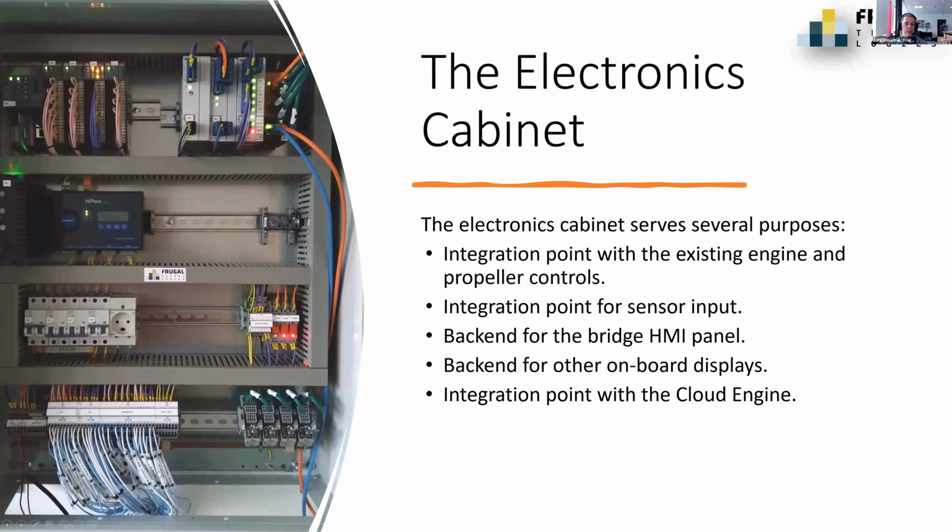Those also end up in here. It also serves as the back end for the panel on the bridge, and any other displays we might supply. We also have additional displays if you want some for just data viewing. And then it serves as the integration point with the cloud engine, which is actually where most of the exciting stuff is going on. So what's that all about?